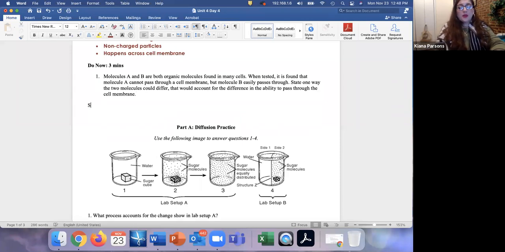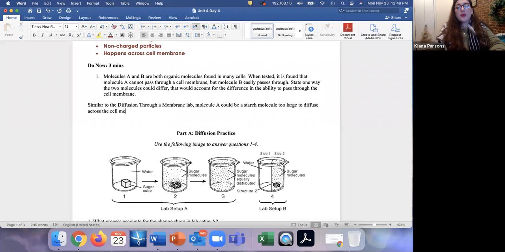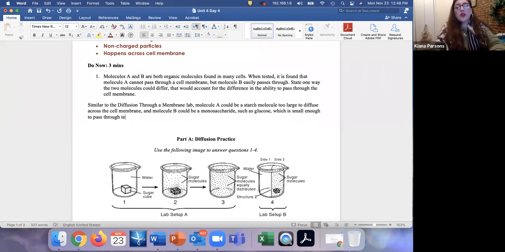So obviously, similar to the diffusion through membrane lab, molecule A could be a starch molecule, too large to diffuse across the cell membrane, and molecule B could be a monosaccharide, such as glucose, small enough to pass through the semi-permeable membrane.